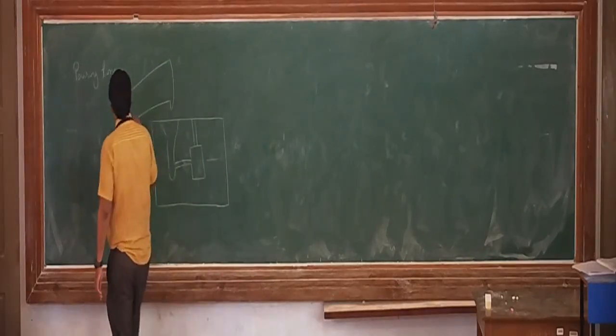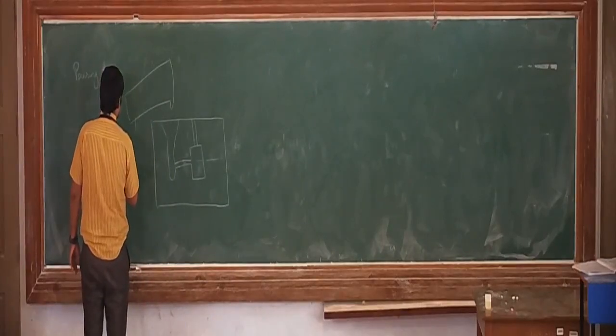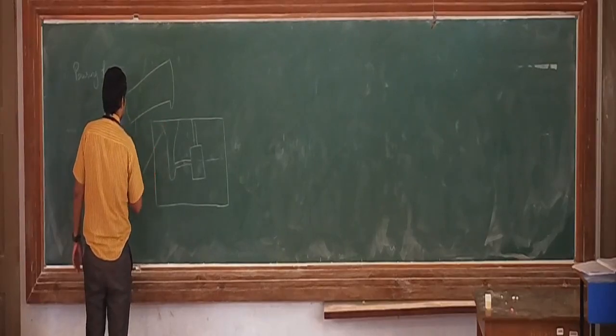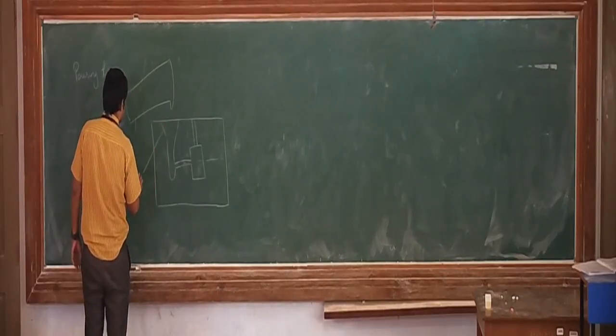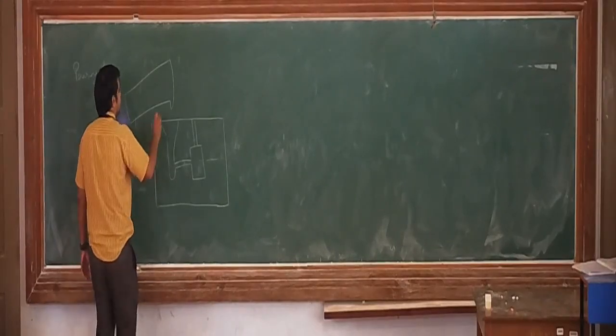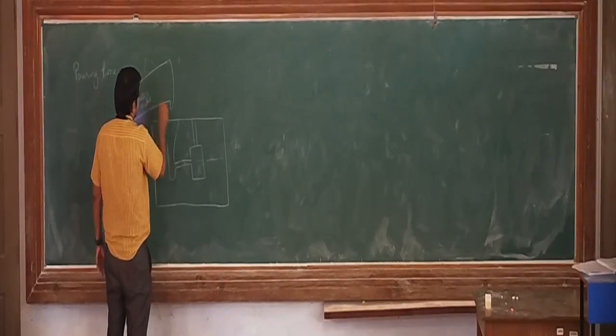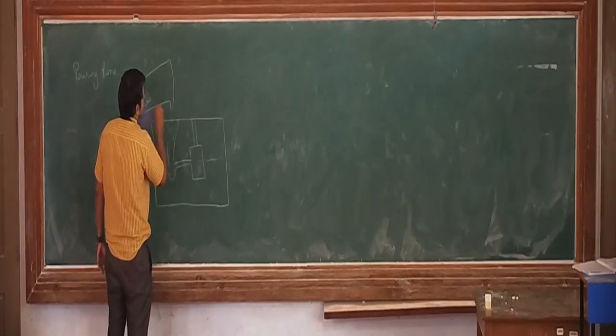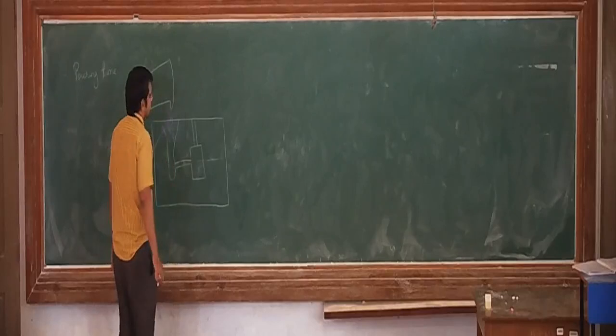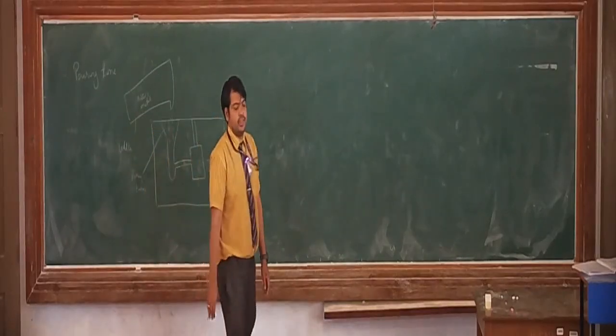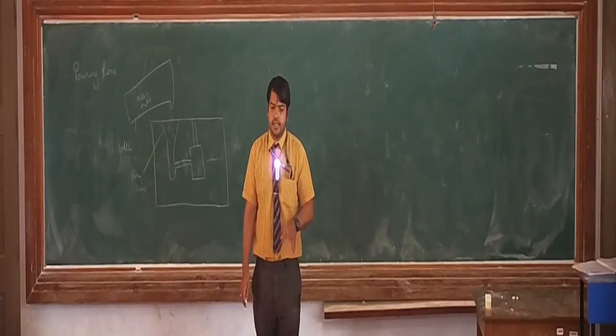This is the ladle. This is the pouring basin. And this is the molten metal over here. Here basically we are going to pour the molten metal inside the mold cavity.